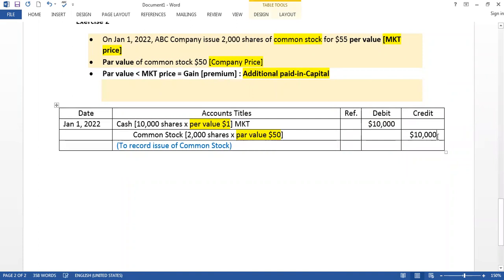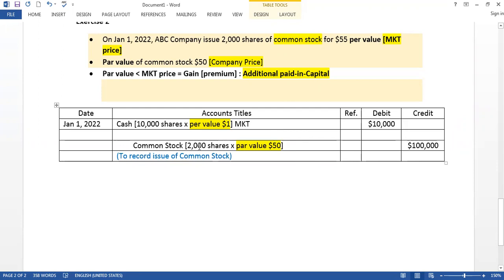So how much here? It is $100,000. Clear? We sell 2,000 shares of common stock, so it is $100,000.